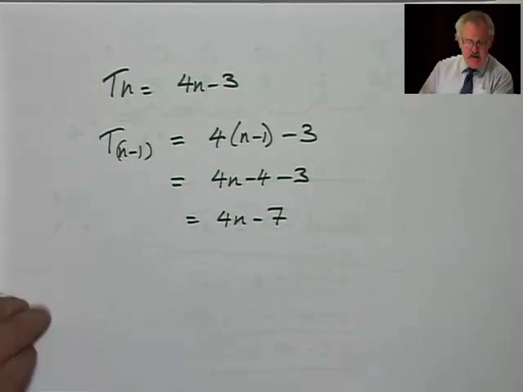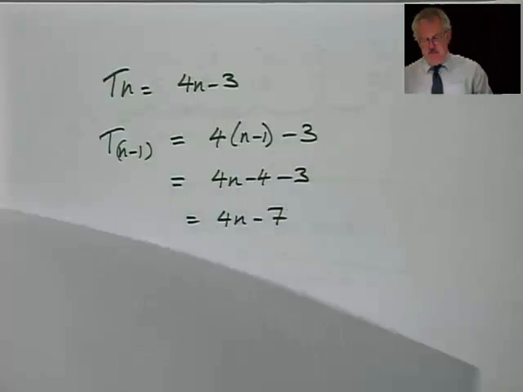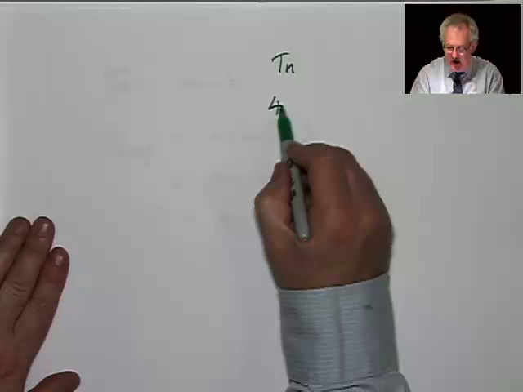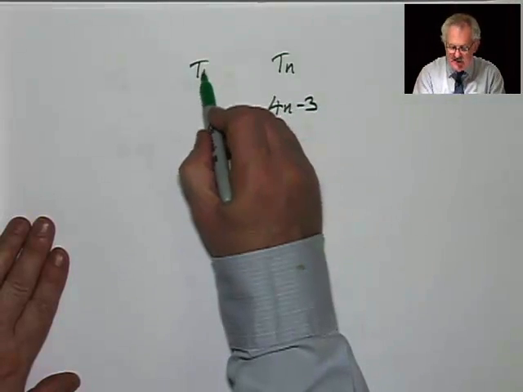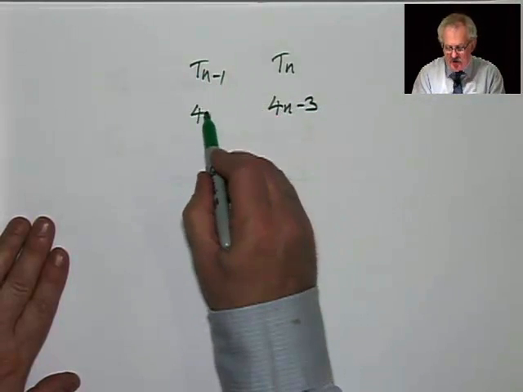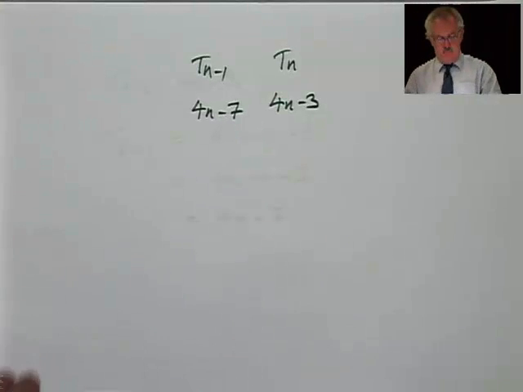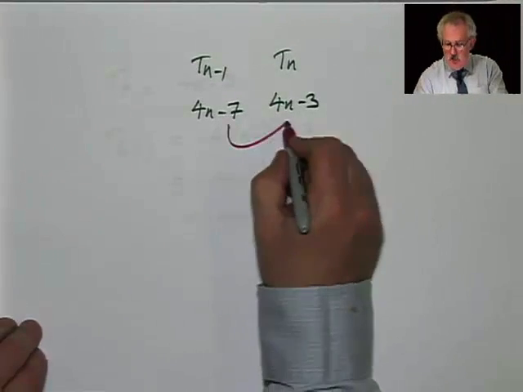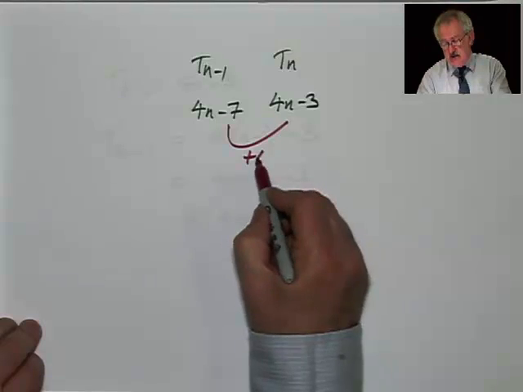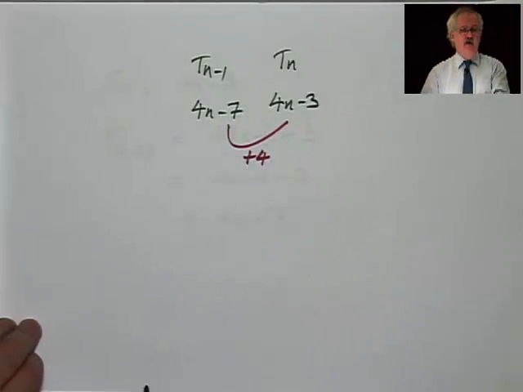So in the general case, Tn is 4n minus 3, and the one beside it, Tn minus 1, is 4n minus 7. That's not surprising, because if you add 4 to minus 7, you get minus 3.